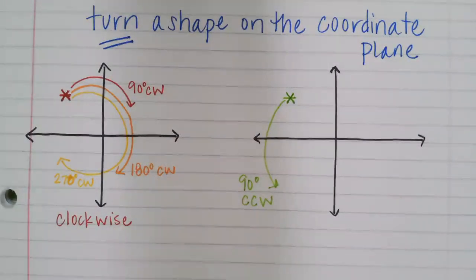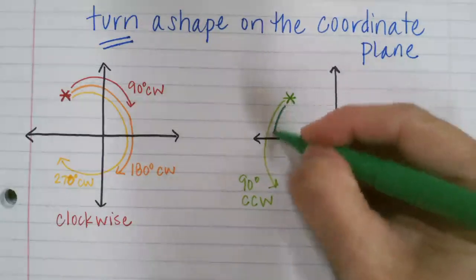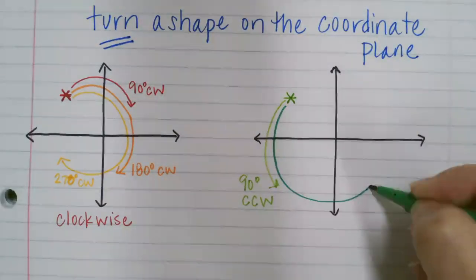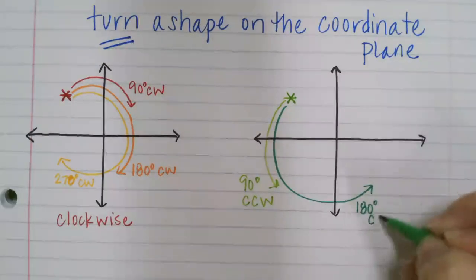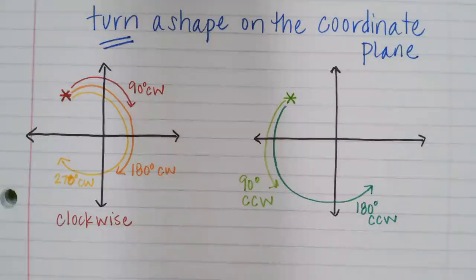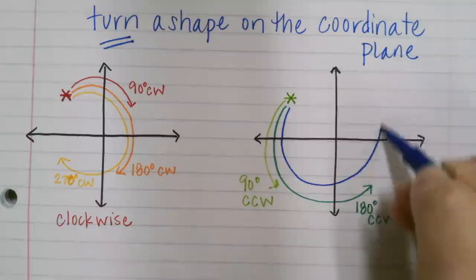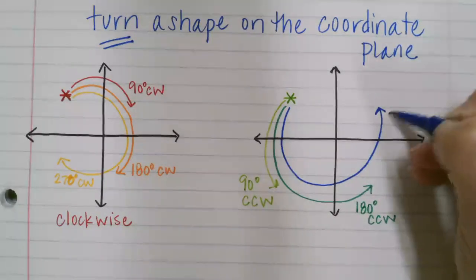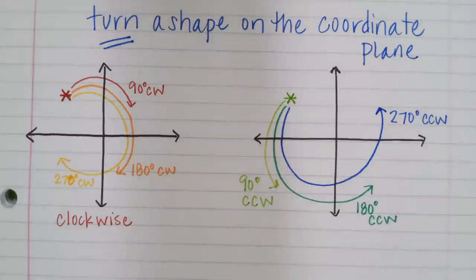If I take that same starting point, if I go 2 quadrants over, that means 90 and 90. So that would be a 180-degree counterclockwise rotation. And if I go 3 quadrants over, that's 90, 90, and 90, which would be 270 degrees counterclockwise.